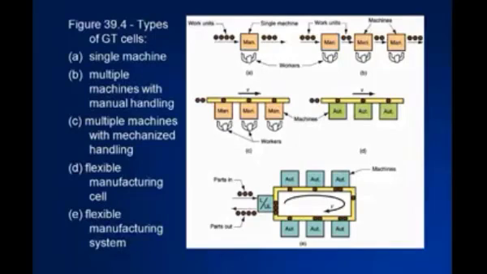In C, the conveyor belts are there, and the machines are operated by the workers. But in D, there are no workers, and the machines are automated, and the conveyor belts are there. This is called the flexible manufacturing cell. That is the difference between the manual and the flexible manufacturing systems.